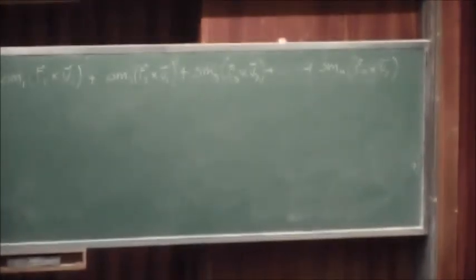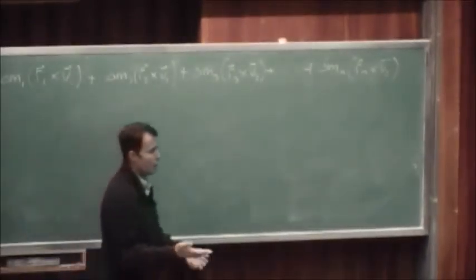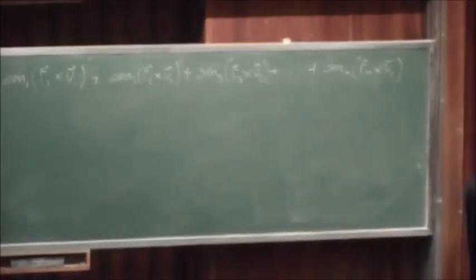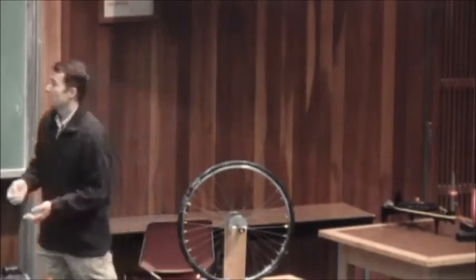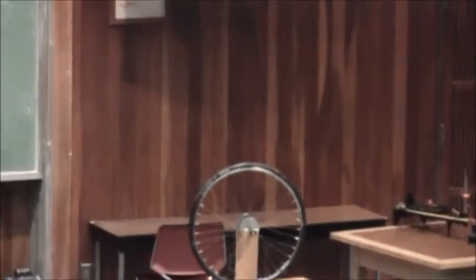So there's a nice easy way of thinking about angular momentum: if I have an object that's spinning around, all I need to do is wrap my fingers in the direction that it's moving, and that's the direction of the angular momentum. Which direction is the angular momentum for particle 1?